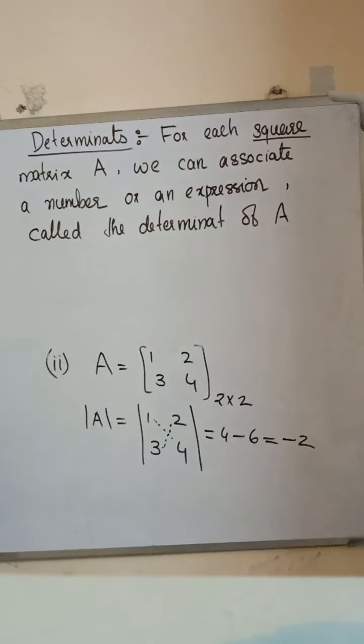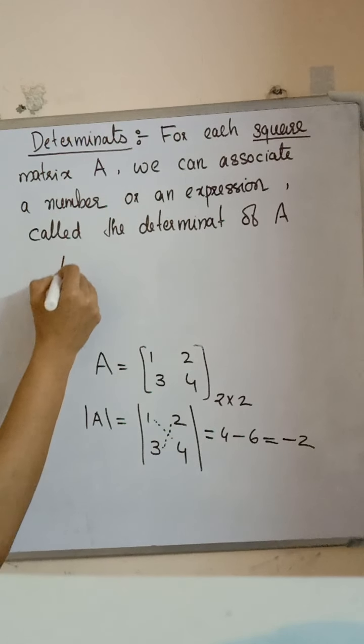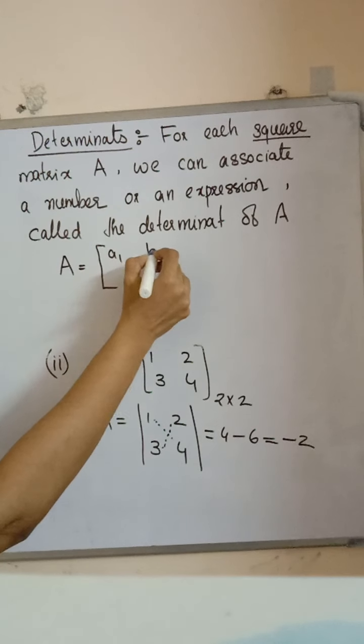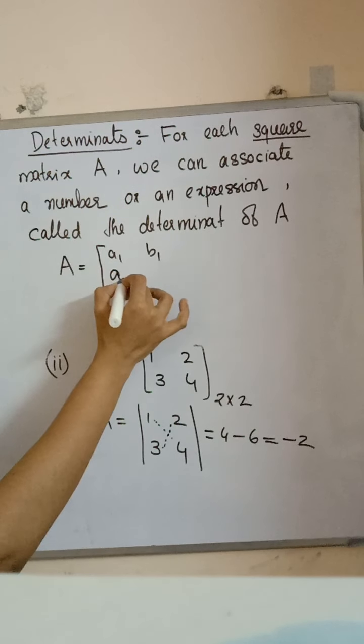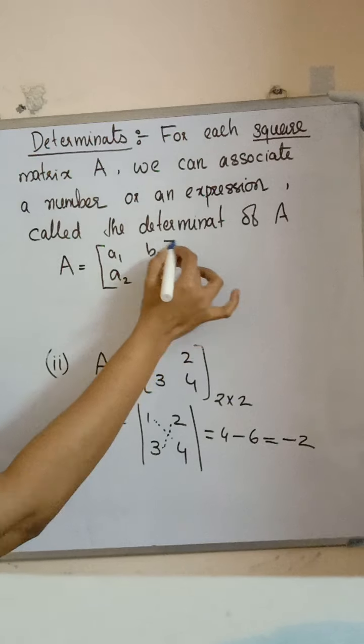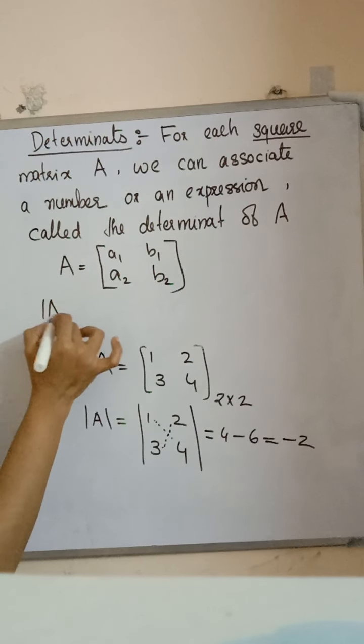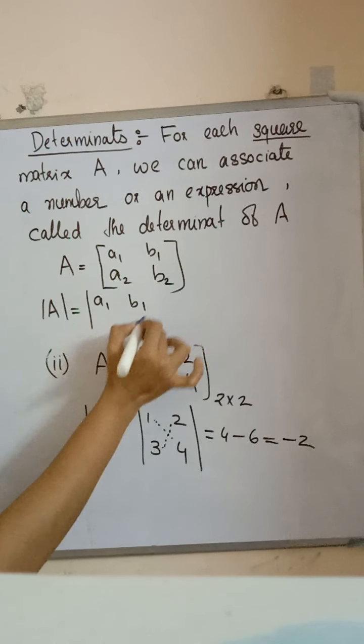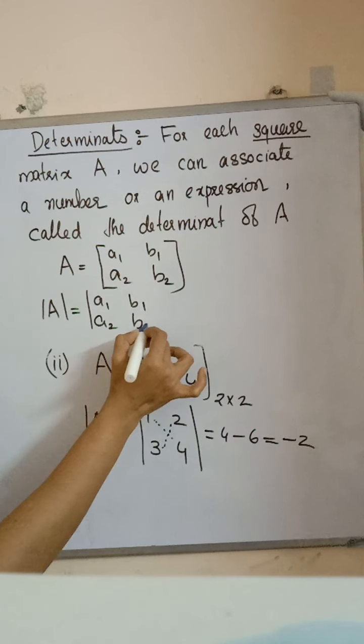In general, consider a 2 cross 2 matrix A equals the matrix a1, b1, a2, b2. Then determinant A equals the determinant a1, b1, a2, b2.